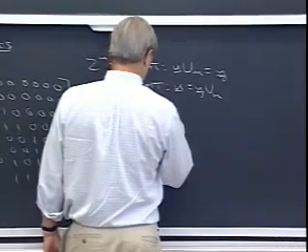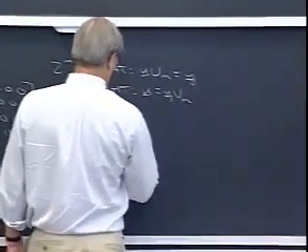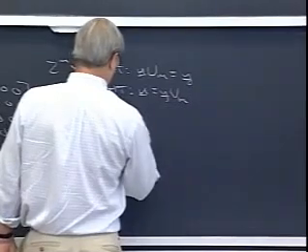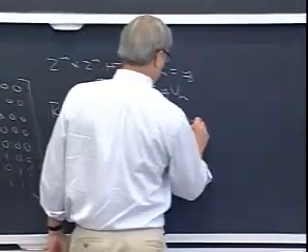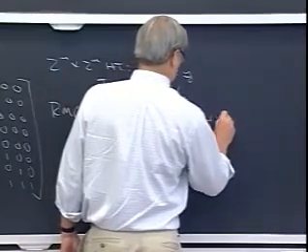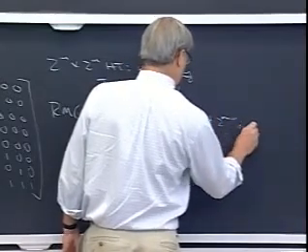I don't know. This is generated by, let's say, the rows of weight 2 to the m minus r or greater.